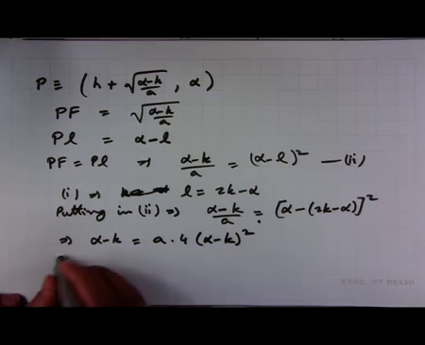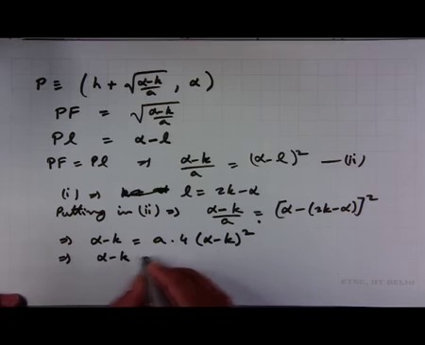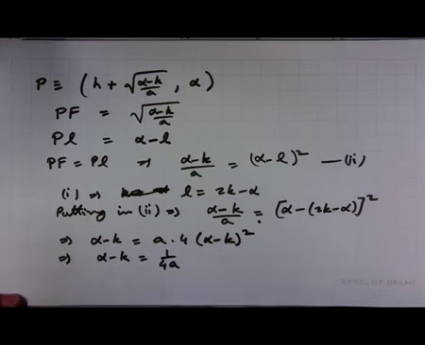This implies alpha minus k is equal to 1 by 4a, since alpha is different from k.